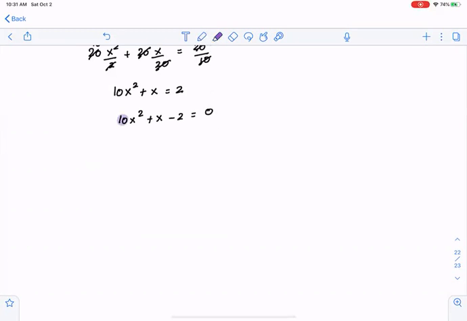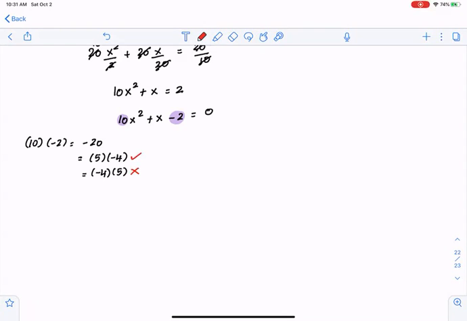Now I look at the last and the first coefficient, and I would want to come up with two numbers so that I get the middle number right next to x as 1. Well, 10 times negative 2 is negative 20. 5 times negative 4 is negative 20. If I do 5 minus 4, I'll get 1, so that's going to work.